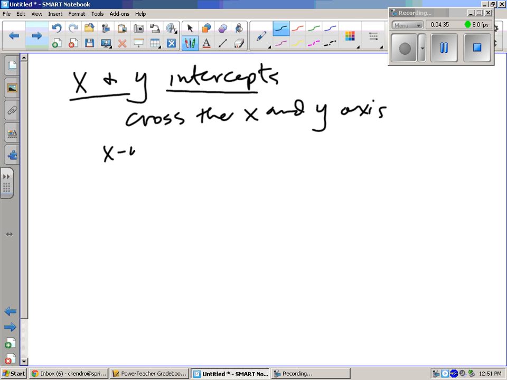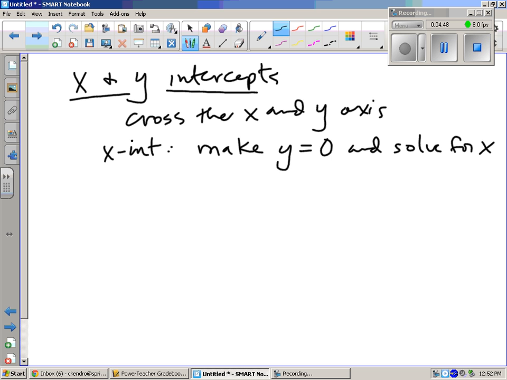If you want to find the x-intercept, then you need to make y equal to 0 and solve for x. If you want to find the y-intercept, you want to make x equal to 0 and solve for y.